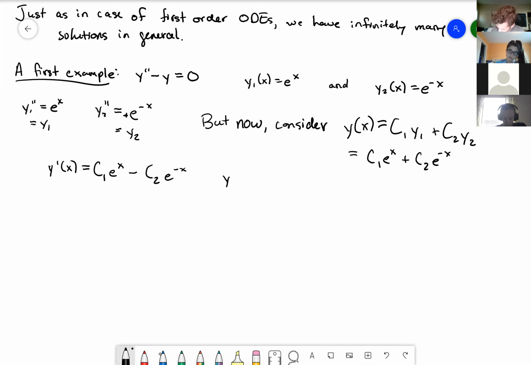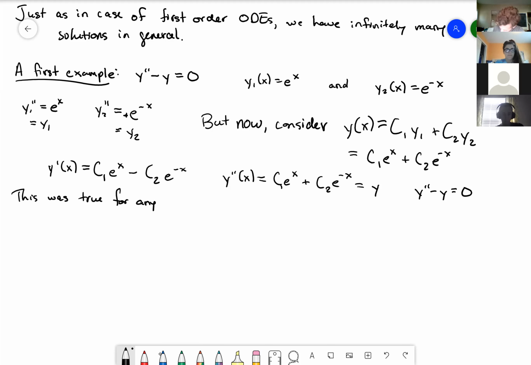And if we take another derivative, we get y double prime, and we get C1 e to the x. And now that minus becomes plus again, and we get C2 e to the minus x, which is equal to y. So of course we get y double prime equals y. And this was true for any choice of C1 and C2.